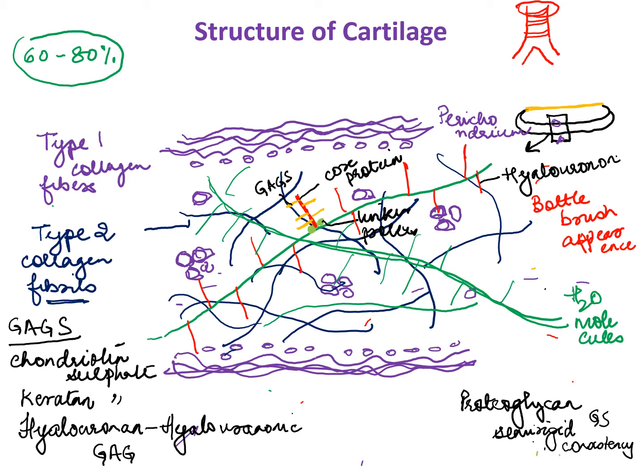क्या-क्या पढ़ा हुआ है? अब जब भी हम cartilage के बारे में बात करेंगे, we should be able to talk about the cells of the cartilage, which could be chondroblasts or chondrocytes. We should be able to talk about the collagen fibers which are present, which are various types of collagen fibers, mainly type 1 and type 2 for a UG student. There are more for the postgraduate students, which they will study on their own.